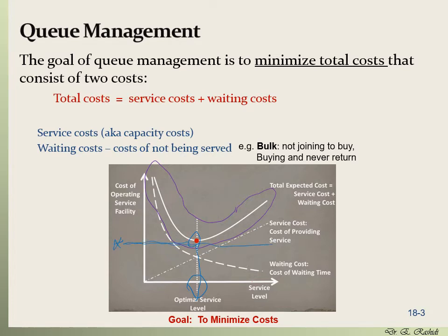So this is the minimum cost of a queue, which is achievable by this optimal level of service. This is what we are looking for. This is the purpose of queue management, to find the optimal level of service so that it would minimize the cost associated with queues.